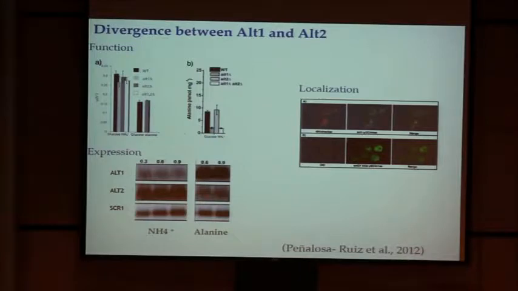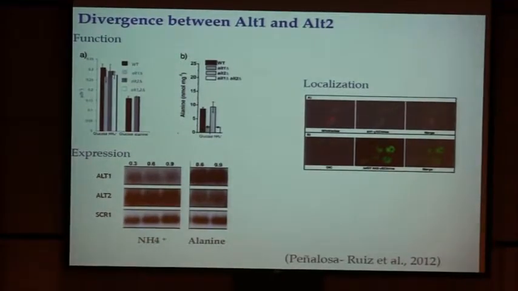Then we measured the intracellular concentration of alanine in different strains. In a single null mutant of L1, the intracellular concentration of alanine decreases to 20%.